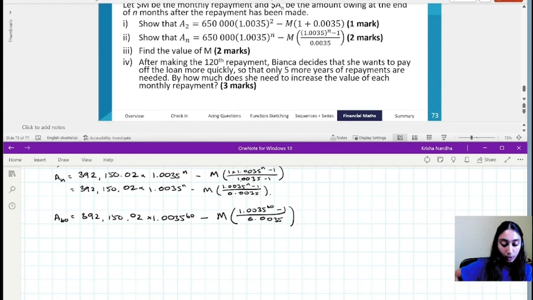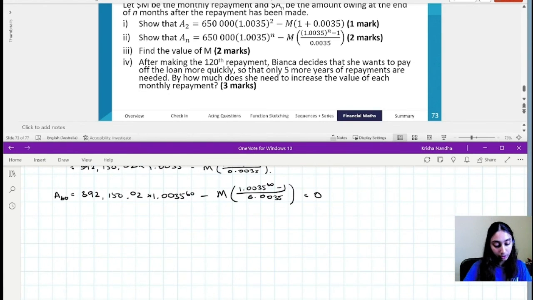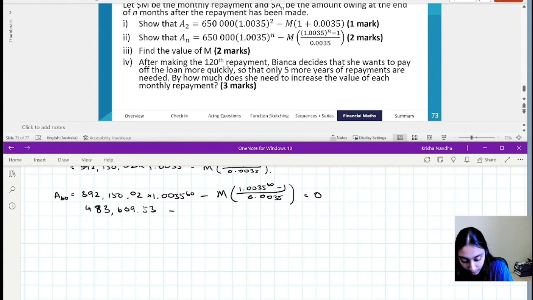And now here's the thing. Just like before, if she wants to have it finished by 60 months, then the amount owing at the 60th month should be $0. So A60 at the end of the 60th month should be 0. Now we just need to solve for M. So let's do that. 1.0035 to the power of 60 is 483,609.53, or we'll go 525252, just so I don't make a calculator mistake later.